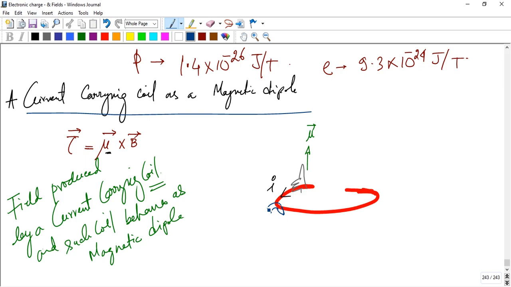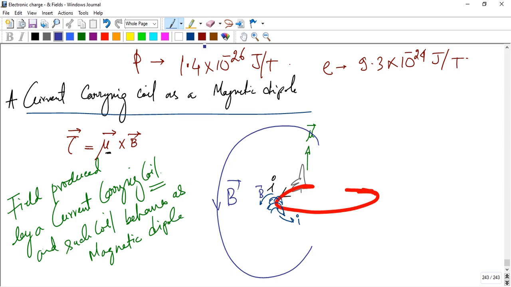If I grab the wire with the thumb in the direction of current, the curl of the fingers represents the magnetic field. So the field is in this direction, B.